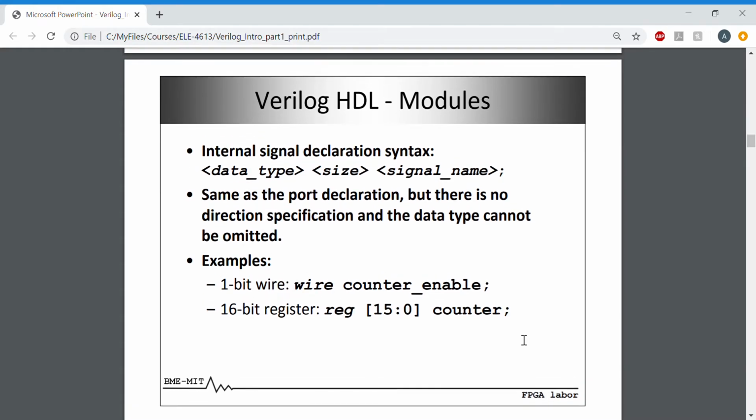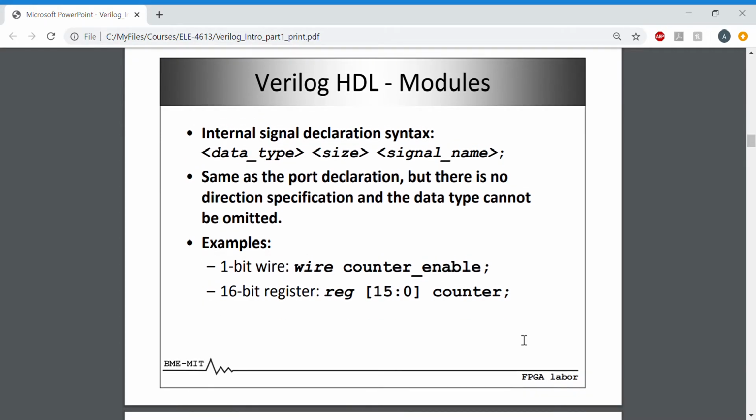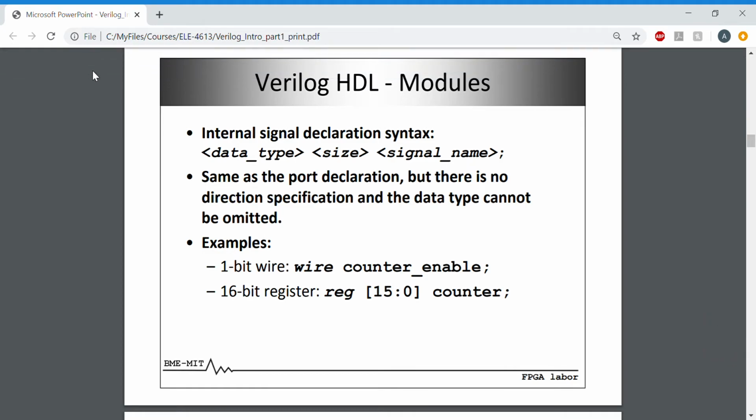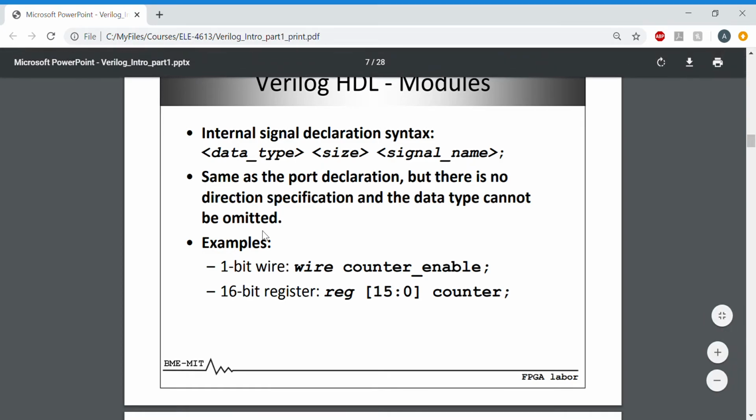Internal signal declaration syntax. This is the same as the port declaration, but there is no direction specification. The data type cannot be omitted.